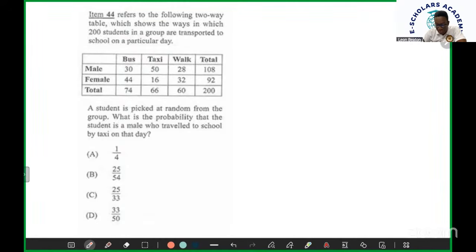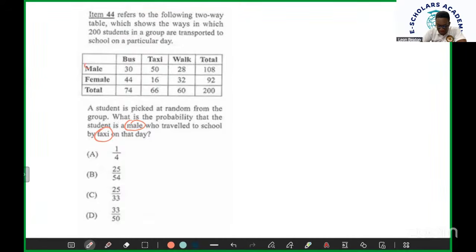It says a student, very important. A student, meaning it could be anybody from here, is picked at random from the group. What is the probability that the student is a male who traveled to school by taxi? So you want to know who is a male and traveled to school by taxi.